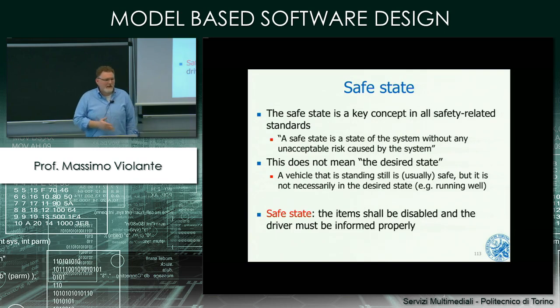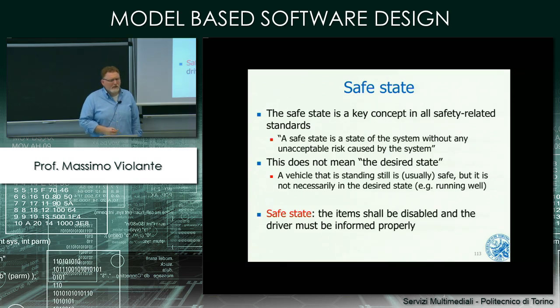Then, obviously, it depends on the item. If this is a cross-traffic assist, we can accept that the item says to the driver, I am faulty. Don't rely on what I'm saying. In other scenarios, you can have a different safe state. Let's imagine that you have a fault in the electronic control unit that controls your engine.